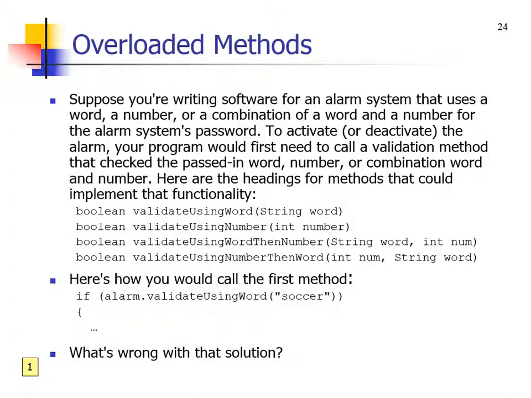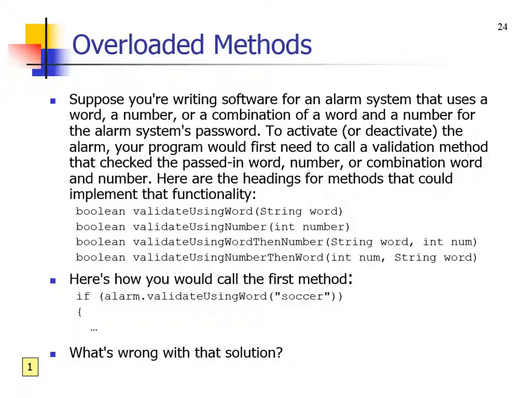However, and I'm just using this example, this is what we call an overloaded method. An overloaded method is where you use the exact same name, or in this case, where we have multiple functionalities, or the same functionality used on multiple instances. The difference being what it's taking in. So these are kind of a little bit different methods here. So what's wrong with that solution? It's harder to read.